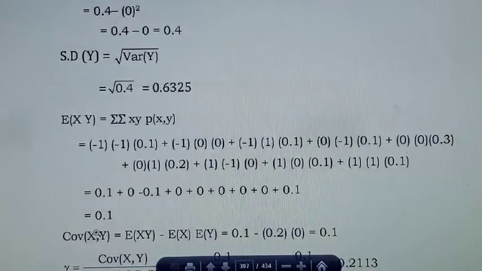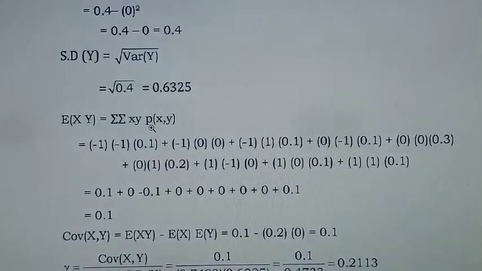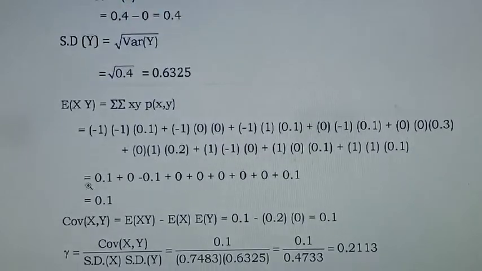If you calculate the entire thing, you get the expectation of xy as 0.1. We have learnt in the correlation and regression concept, double summation x into y into f of xy. There, instead of f, here probability terms were there, p of xy. The same logic, so calculate that.